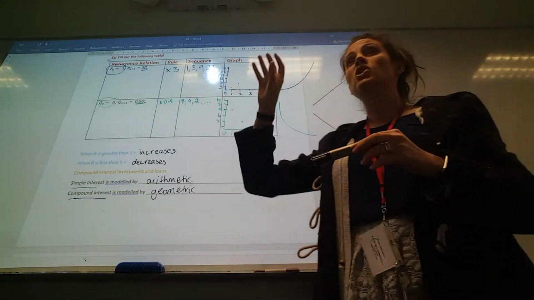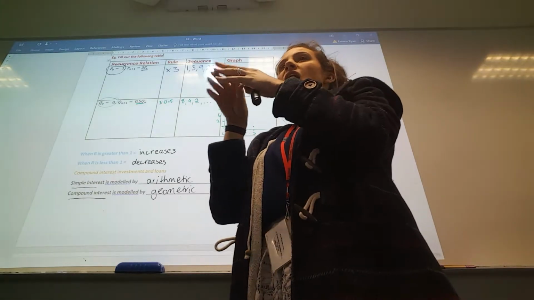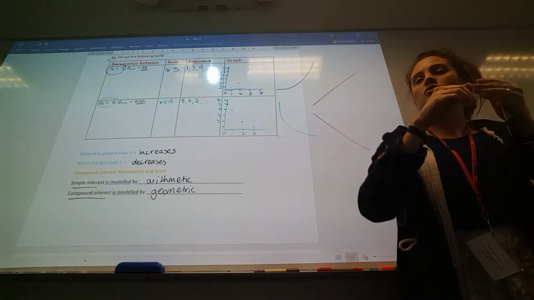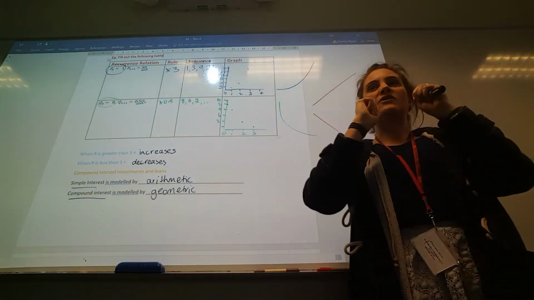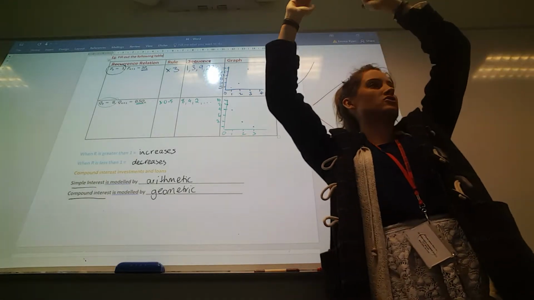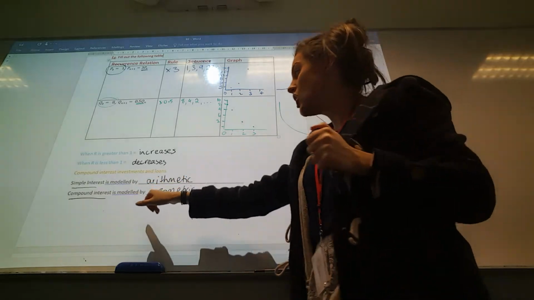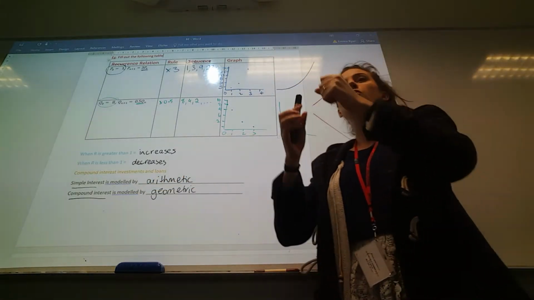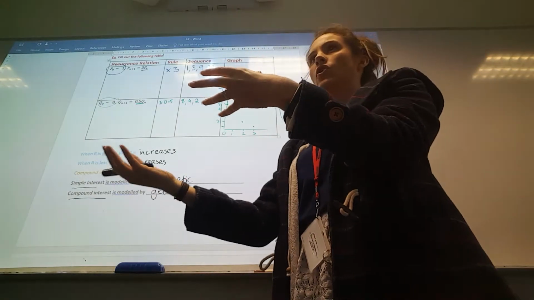So with simple interest, we go up by the same amount, because we calculate how much we're going to go up or down by on our principal value. The first amount of money we have, we calculate what we're going to go up by. If it's $200, then we keep going up by $200. If it's $50, we keep going down by $50. Whereas compound interest is calculated every time we have money in the bank, or every time we need to pay back the loan.